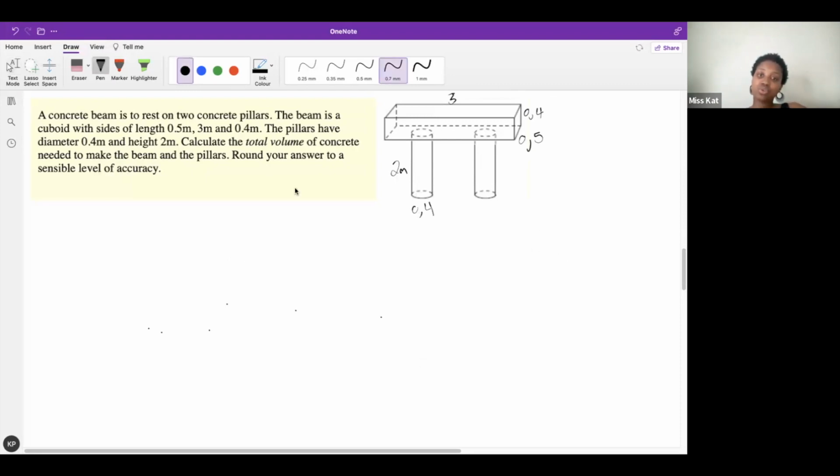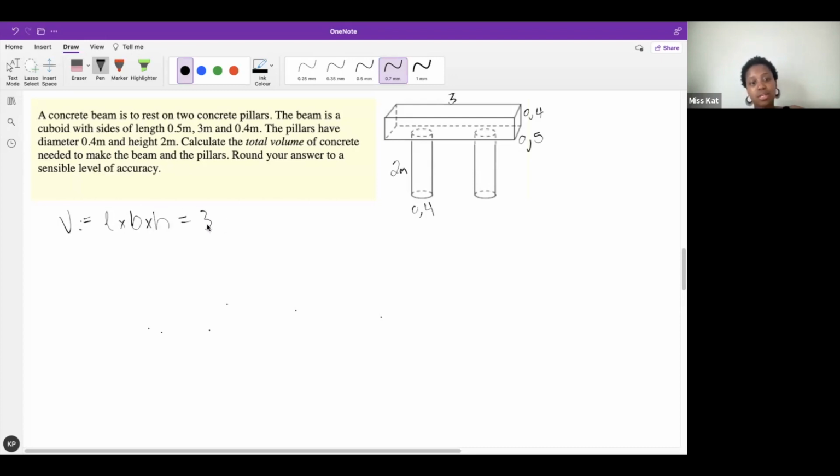So let's do the volume of a rectangular prism first. What is the formula? Remember, we get marks for formulas as well. Formulae. Thank you. So it is length times breadth times height.